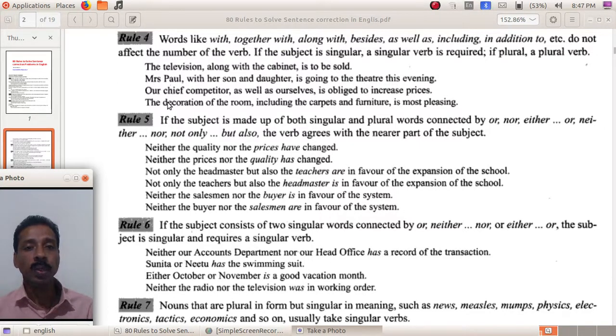Our chief competitor as well as ourselves is obliged to increase prices. Here the subject is competitor. The decoration of the room, including the carpets and furniture, is most pleasing. So in all these cases, singular subjects are used, so the verbs are also singular. But if these subjects are plural, the verb also will take plural forms.